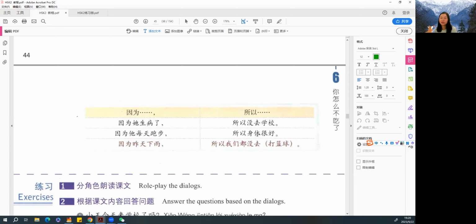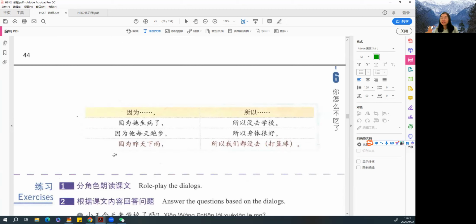So here we use the body to represent he's healthy, his body is strong, is good. And then the third example, 因为昨天下雨. Because it rained yesterday. 所以我们都没去打篮球. So we didn't go to play basketball.